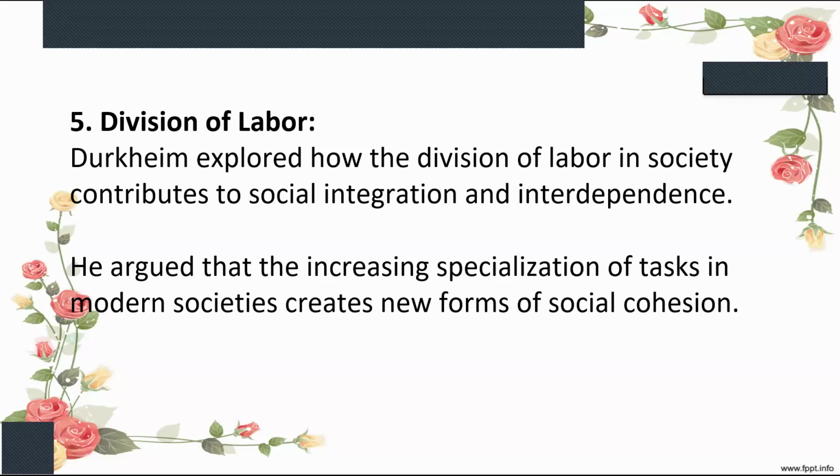I gave you the example last week about garment factories. In the past, the tailor was the person who stitched the whole dress. But today, imagine a person working in a garment factory: he doesn't even see the full garment. He is stitching and is responsible only for one part of it, maybe the collar, maybe the sleeves, or maybe another section. It's like that.